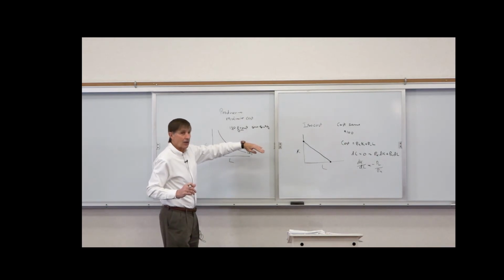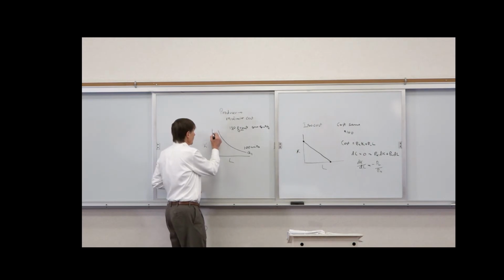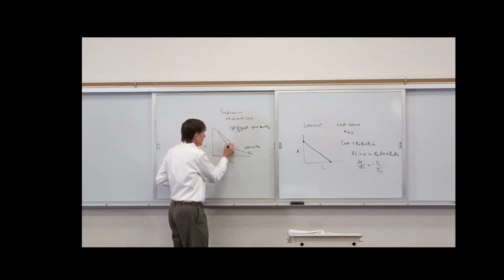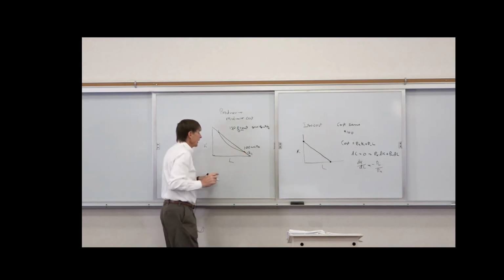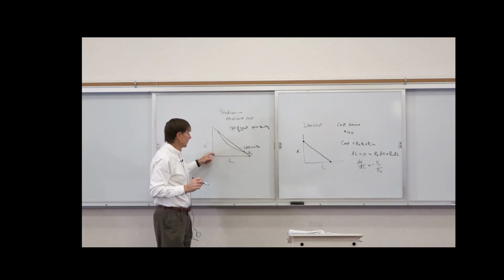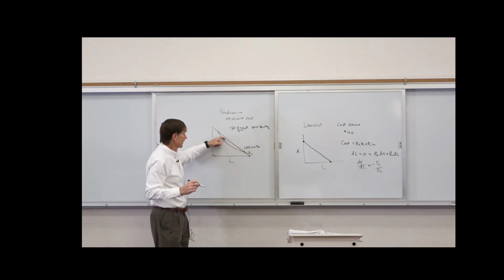Well, you take your isocost line, and what would you do? You'd keep going. You'd have one here, okay? Which means that I could use that much labor and that much capital to produce the 100 units, but that results in a cost which is higher than if I were to move this way, right?